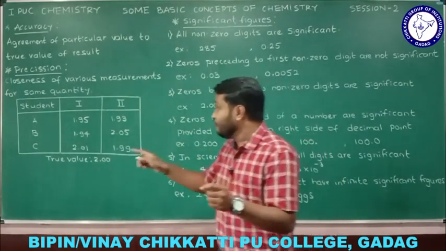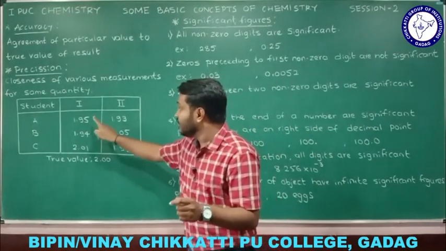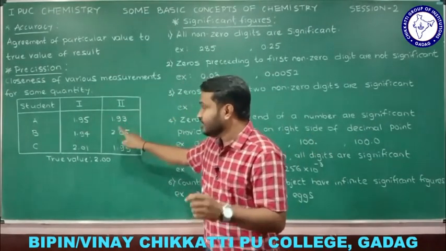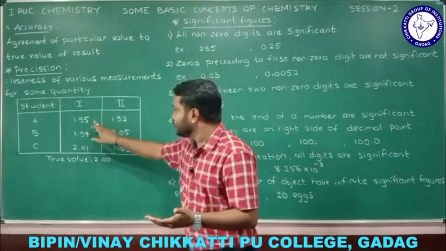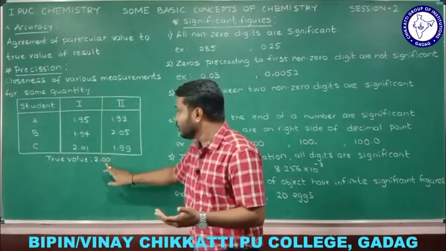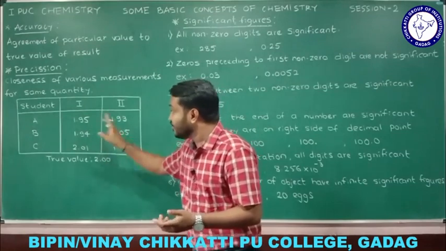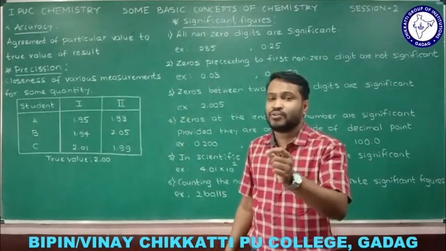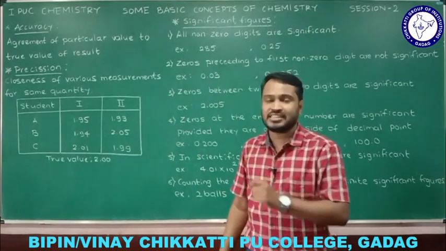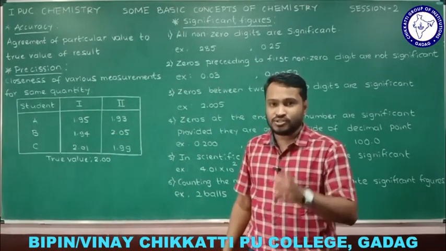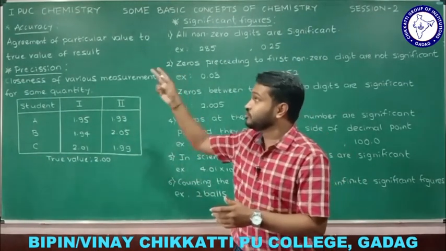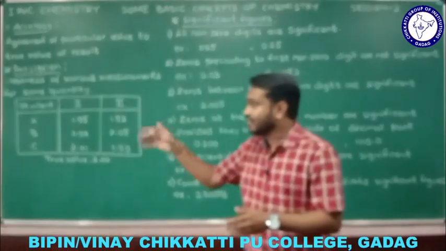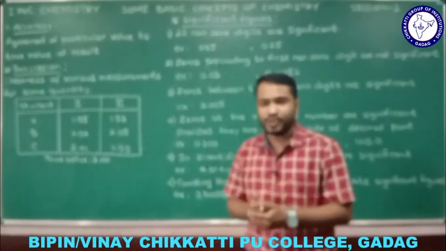And if you consider the particular measured values only, two different readings, of course they are not near the true value, but these two are near each other, and that we call precision, a precise reading. So this is accuracy and this is precision. Now just see the statement I have written, and later we'll see what happens in the case of students B and C.